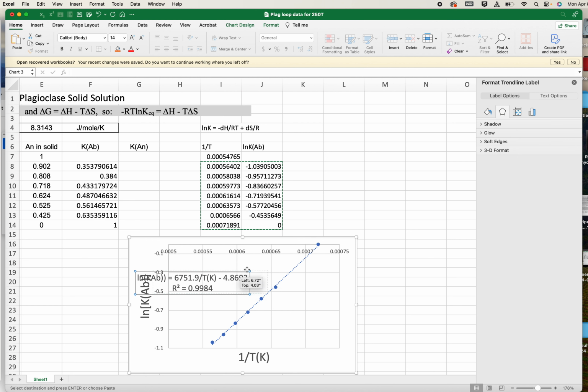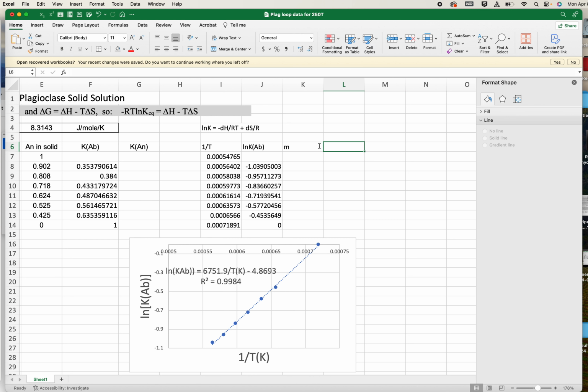And if we take a look at this equation and compare it to what we wrote here, our slope, m, is equal to 6751.9, and our b value, our intercept, is minus 4.8693.